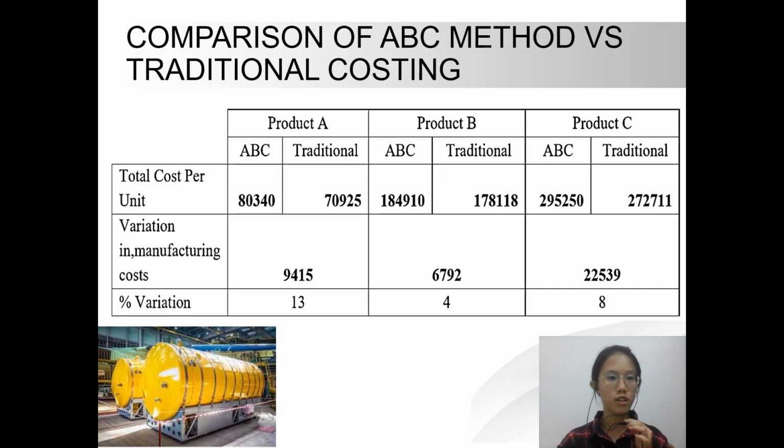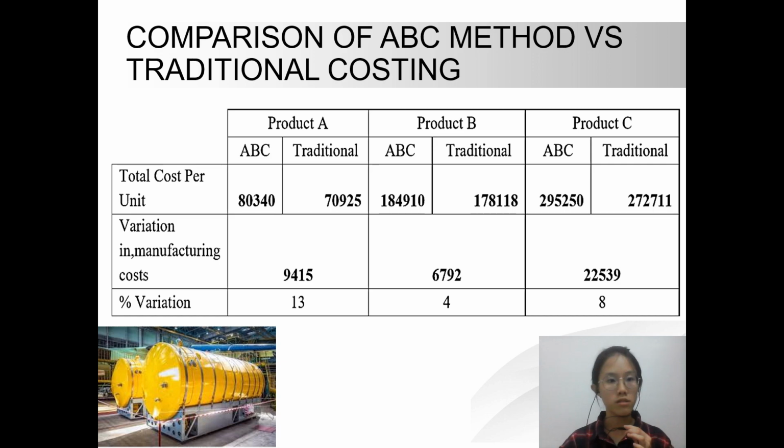Next is the comparison of cost per unit using the different cost systems, showing how different the cost can be depending on the method used. The results show the difference between using the traditional method and the ABC costing method.